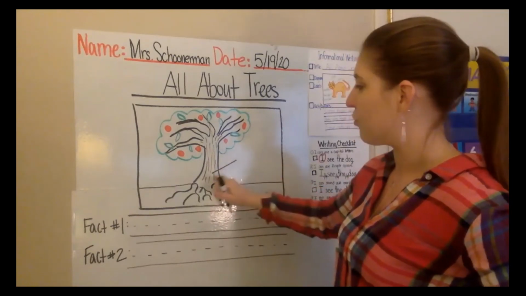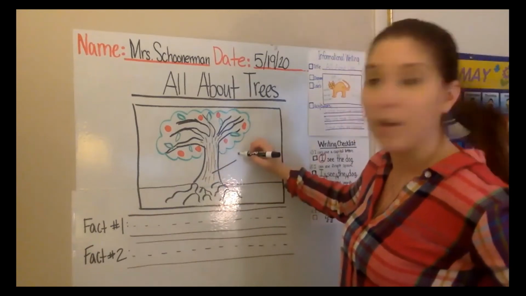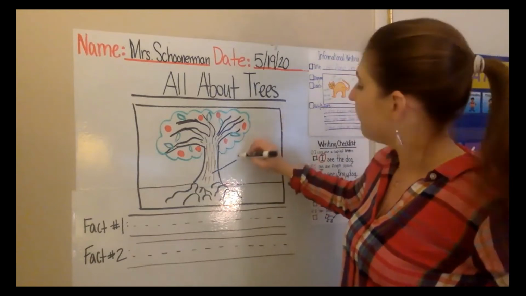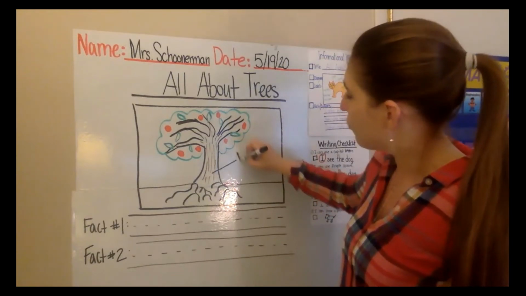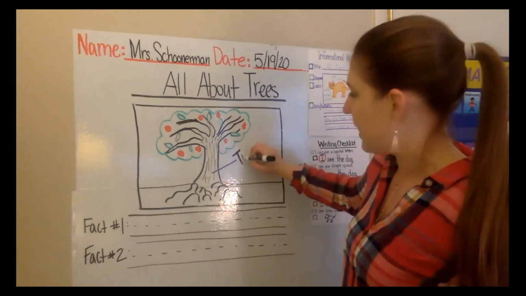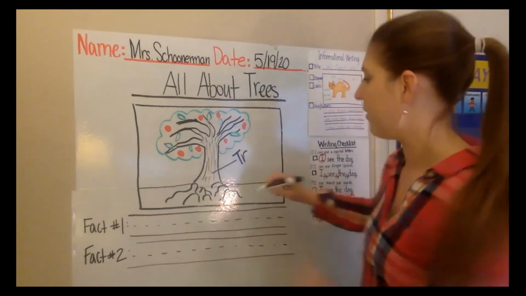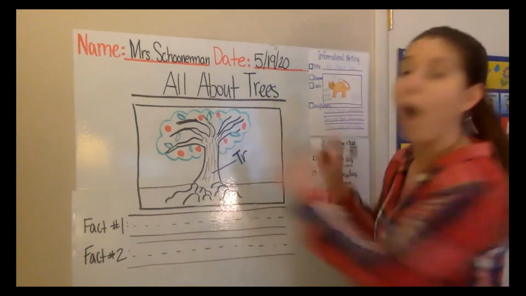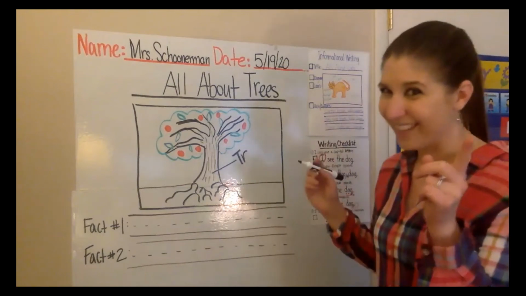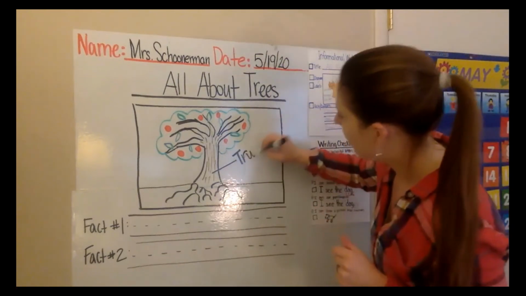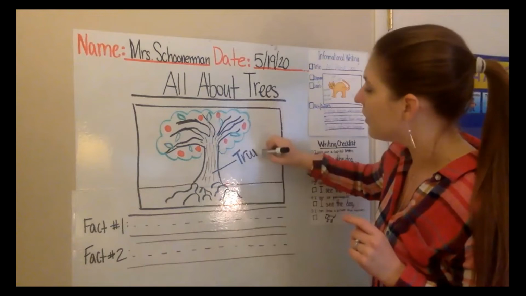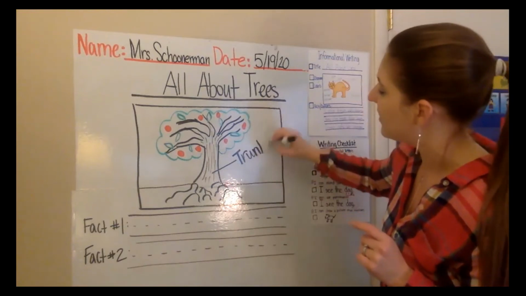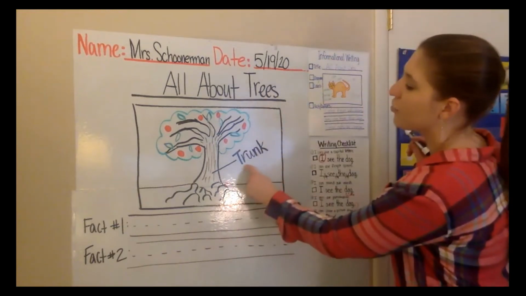Let's label the trunk first. So, trunk. That's a tricky word. That's actually a T and an R put together. That's a U. Trunk. There's an N and a K at the end. Trunk.